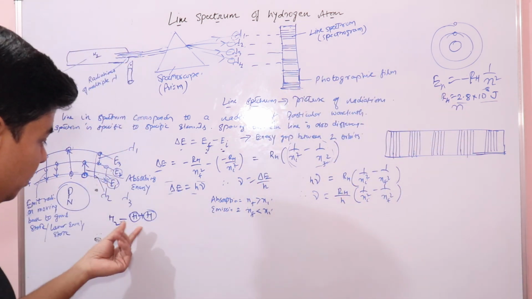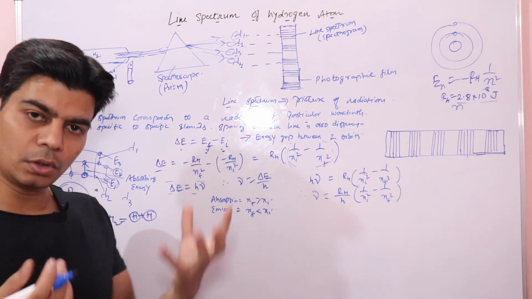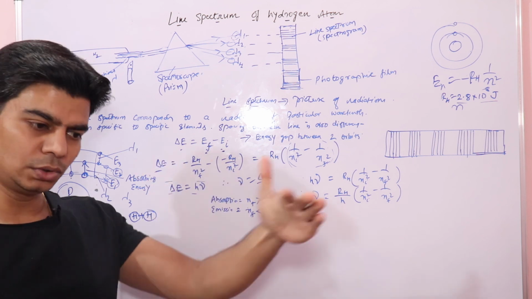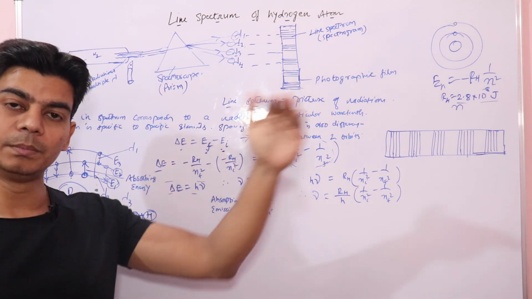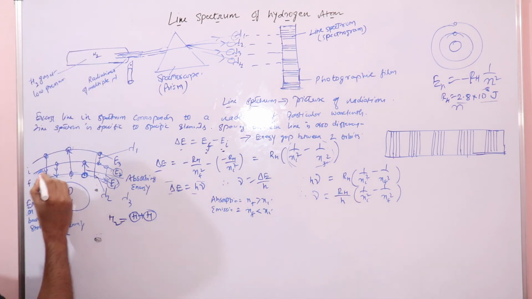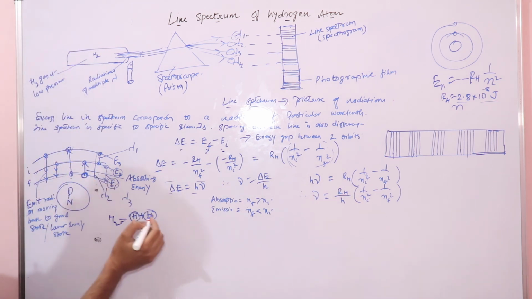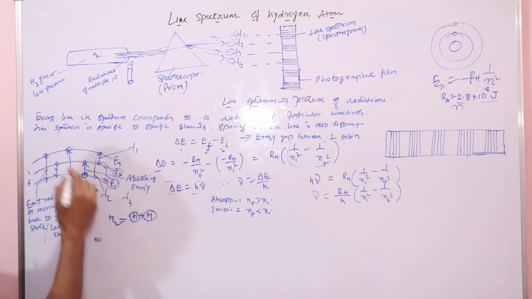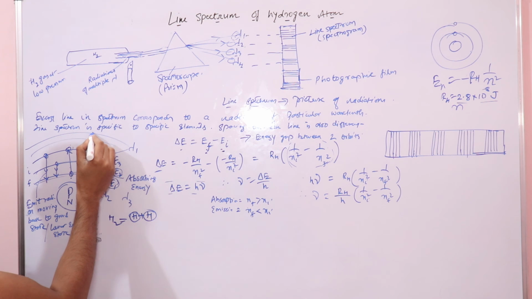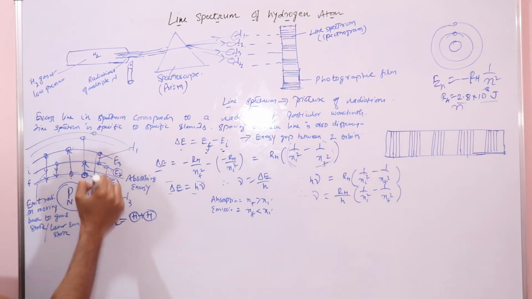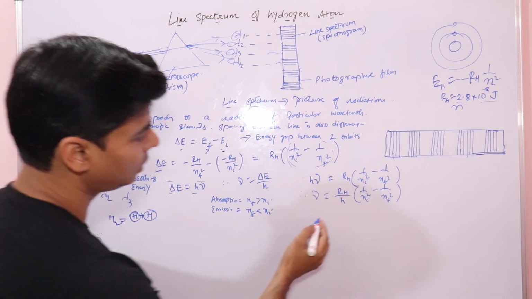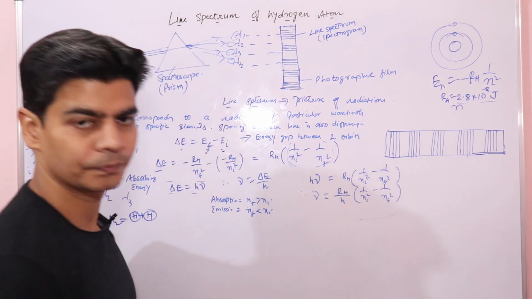So there are many hydrogen atoms. All hydrogen atoms will absorb energy. So when they return to their ground state from different energy levels, maybe one has moved to this state, the electron in some other hydrogen atom has moved to this state, someone has moved to this state. When all these excited electrons move back to their ground state, they will emit radiations of different wavelengths based on this formula, right?